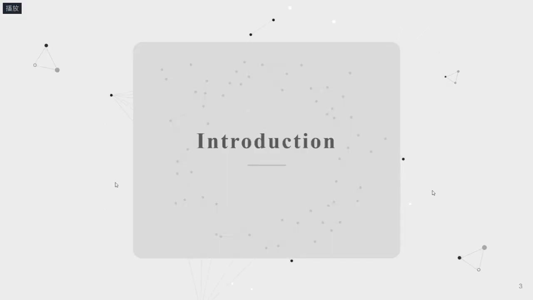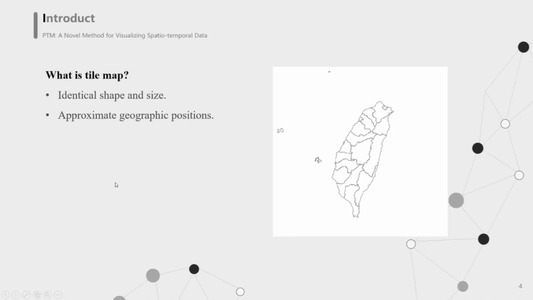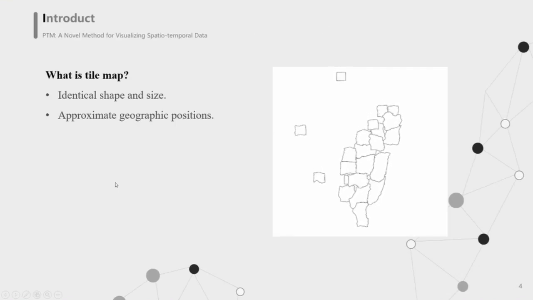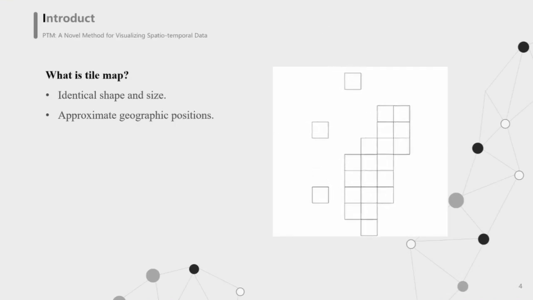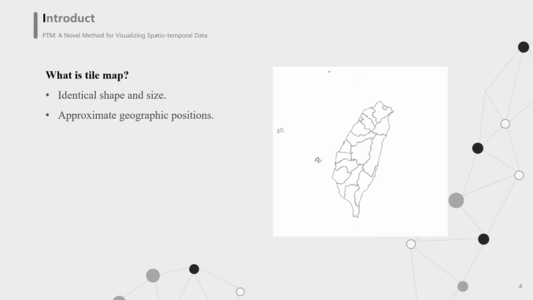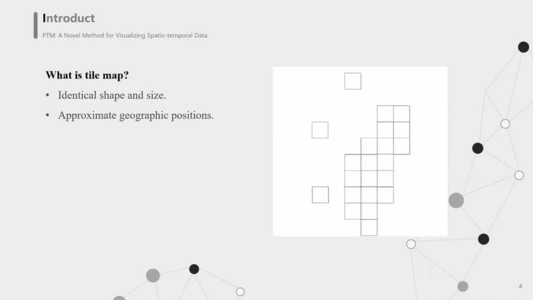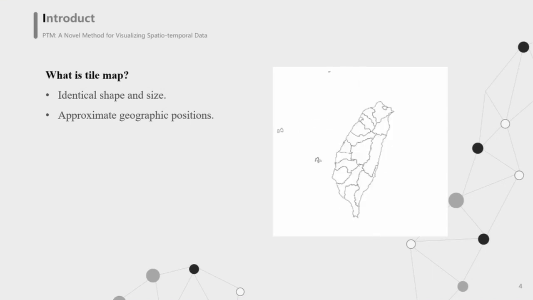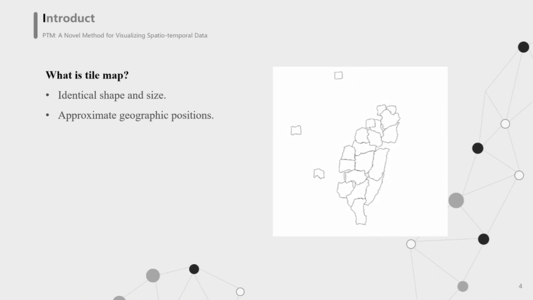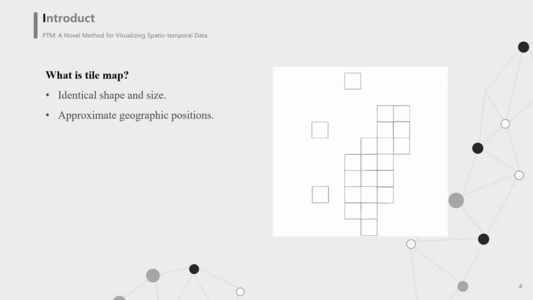Before introducing today's topic, puzzle tile map, I will first introduce what a tile map is. Tile maps are an important tool in semantic cartography with distinct characteristics from well-known tools such as choropleth, cartogram, and symbol maps.